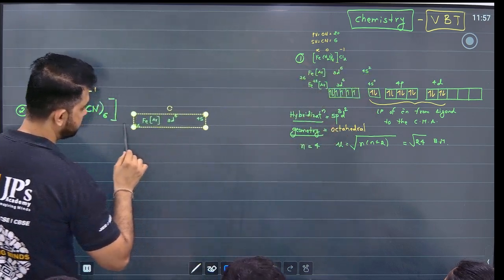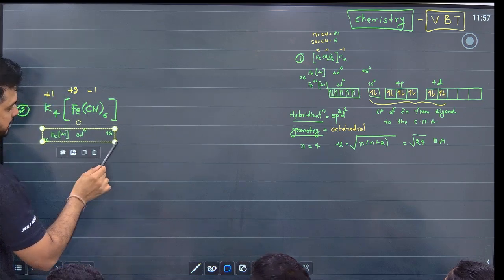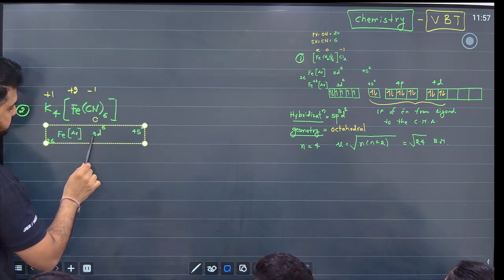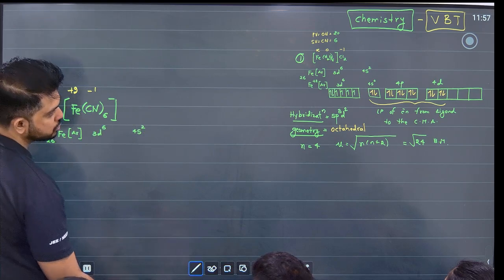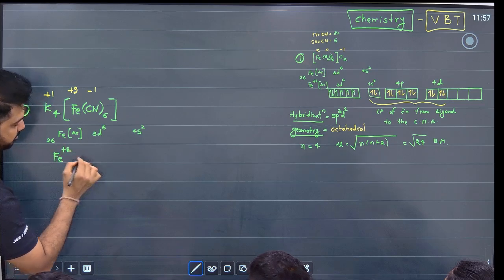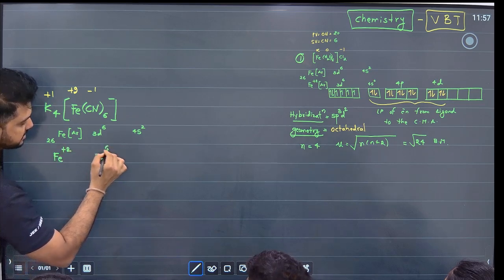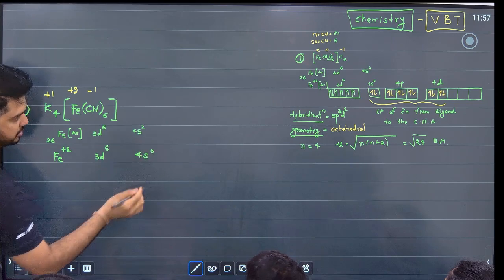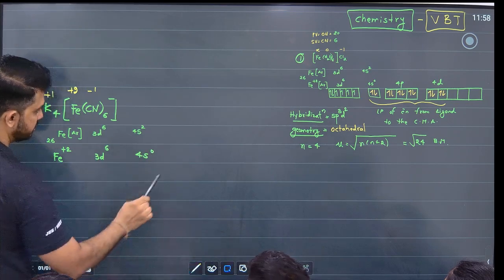I hope इतना आता है. बोलो रे. What will Fe +2 be? 3d6 4s0. Yes or no?